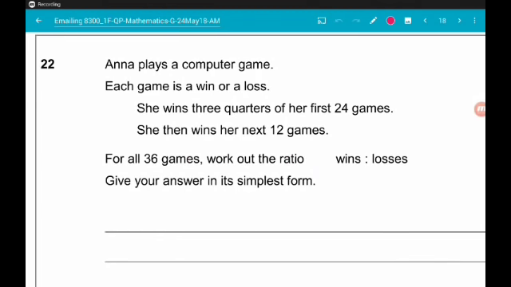22. Anna plays a computer game. Each game is a win or a loss. She wins the first 3 quarters of her first 24 games. She then wins the next 12 games. Our mission is, for all 36 games, write the ratio wins to losses in its simplest form.